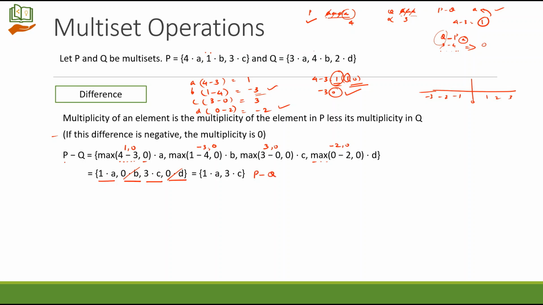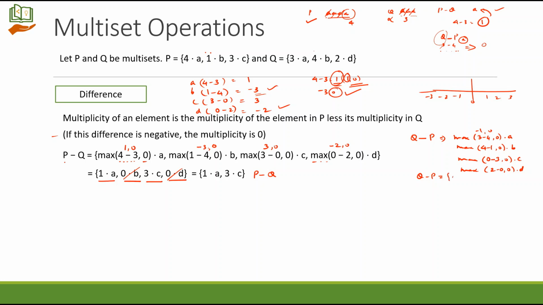Now let's find for Q minus P. So what will happen? Maximum of 3 minus 4 comma 0 for A, then maximum of 4 minus 1 comma 0 into B, then maximum of 0 minus 3 comma 0 for C, then maximum of 2 minus 0 comma 0 into D. So this will be giving maximum of minus 1 comma 0 will be 0.